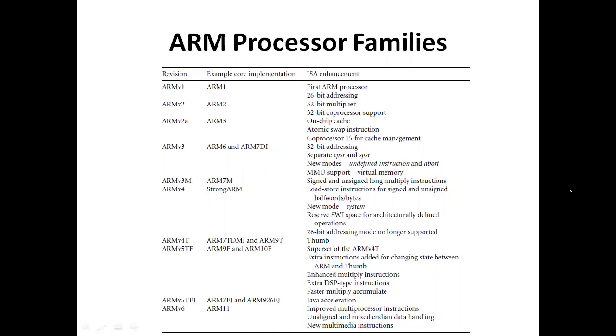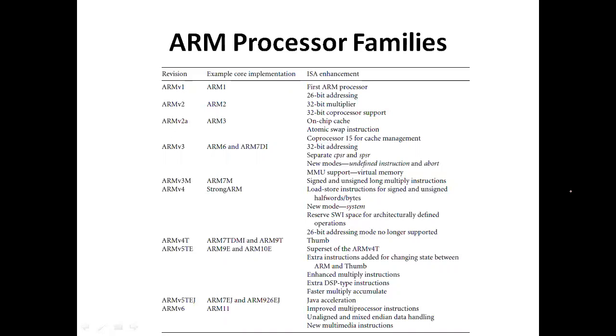ARM version 4. StrongARM is the one actually designed by the Intel company, and it belongs to ARM version 4. It includes load store instructions for signed and unsigned half word and byte.